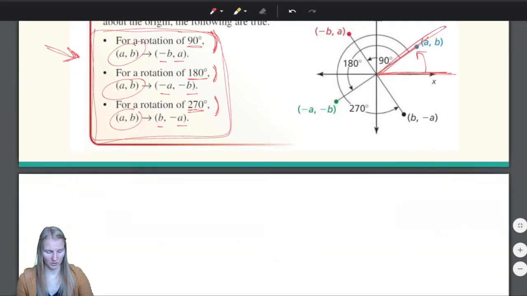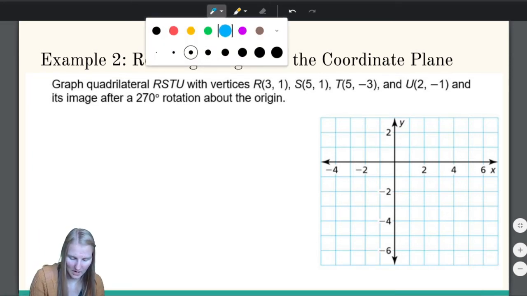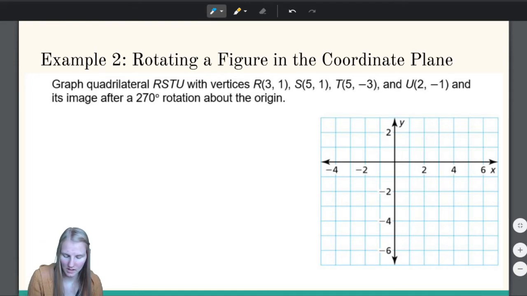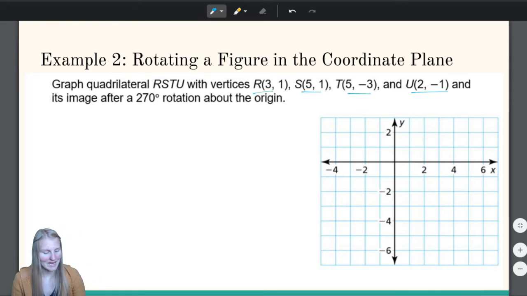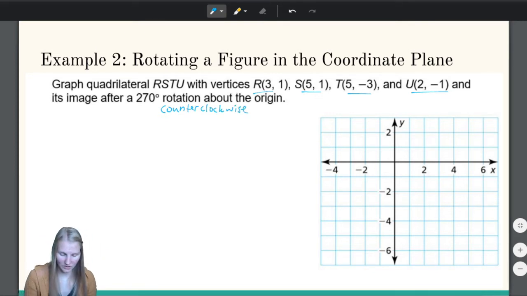So, without further ado, let's start on our first example, rotating a figure in the coordinate plane. Graph quadrilateral RSTU with these vertices and its image after a 270-degree rotation about the origin. Now, it didn't say clockwise or counterclockwise. We always assume counterclockwise. So let's start.